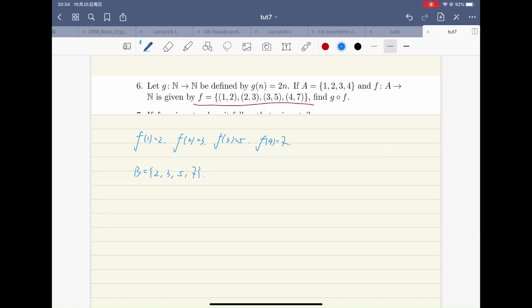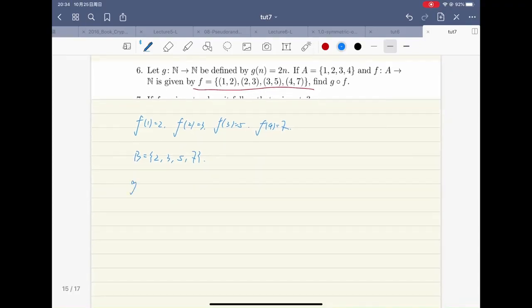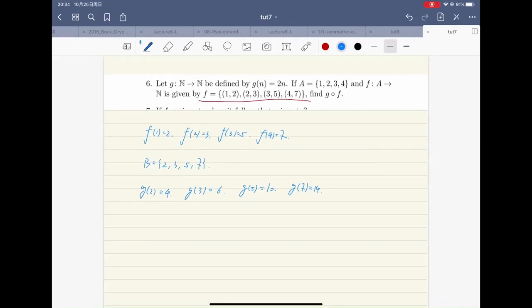And we know that g(n) equals 2n. So we have g(2) equals 4 and g(3) equals 6, g(5) equals 10, and g(7) equals 14, right? 4, 6, 10, 14.